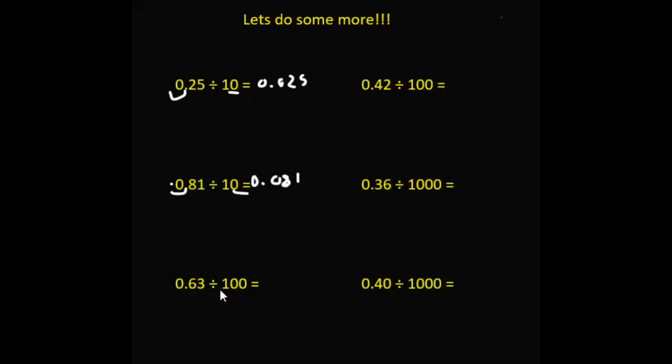So now we have 0 and 63 hundredths divided by 100. So 100 has 2 zeros. So all we have to do is write 0 point and then add those 2 zeros from the 100 and then write down 63. Next we have 0 and 42 hundredths divided by 100.